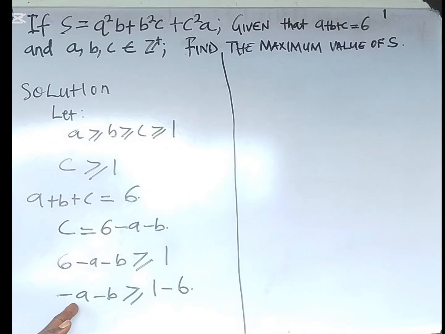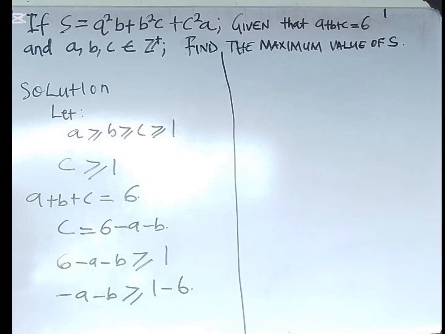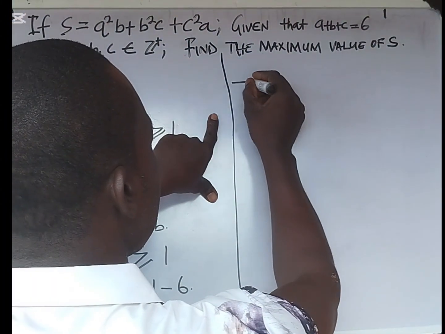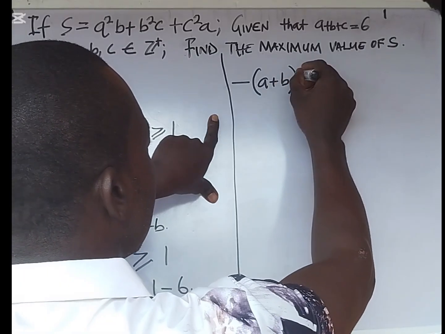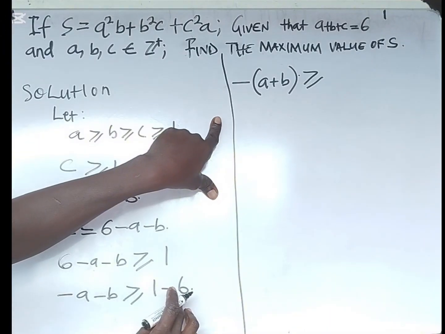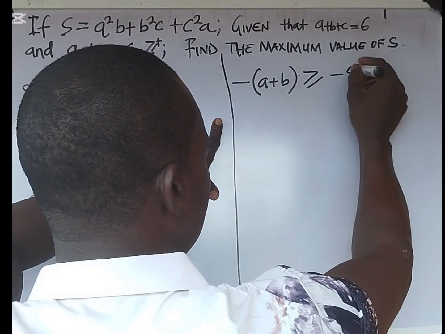At this point, if you look at these two terms on the left-hand side of the inequality, they have minus in common. So I can factor out minus. This becomes minus into bracket a plus b, close the bracket, is greater than or equal to 1 minus 6, which is minus 5. So I'll write minus 5 here.